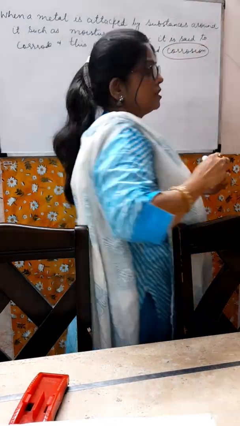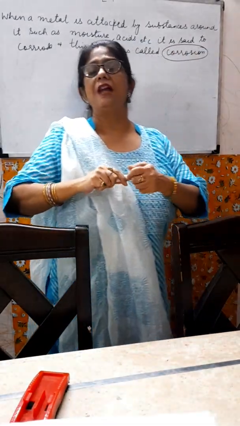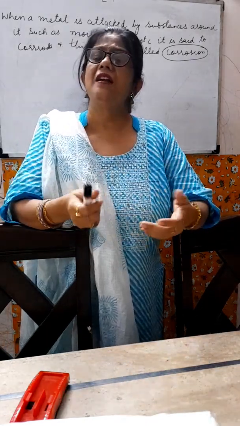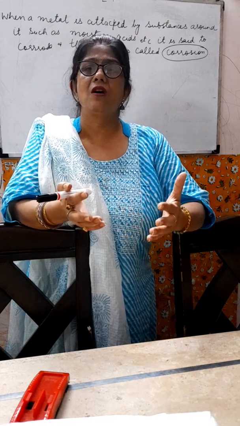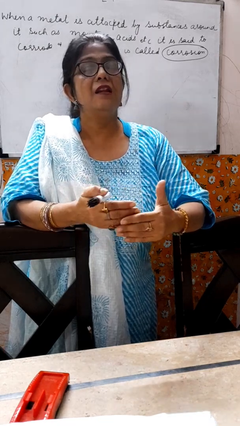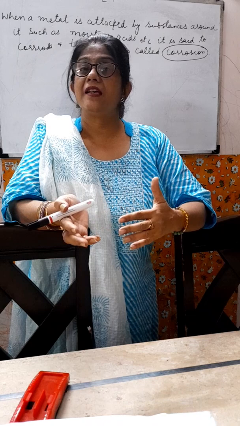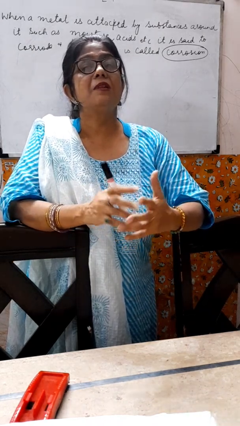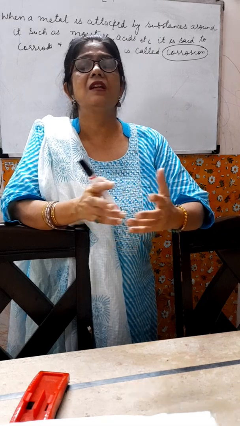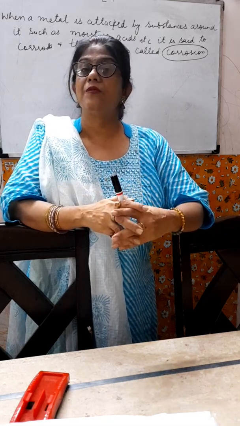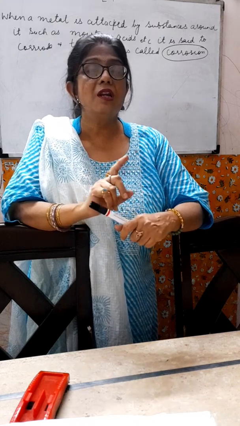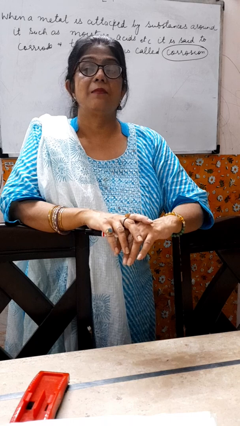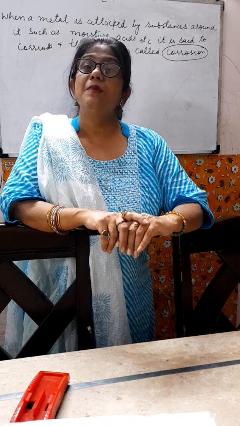Now what is corrosion? First, bring to mind any iron article present in your house, like a nail, hammer, iron desk, table, chair, or even a knife. If it is kept in moisture, after some time you will find a brown colored coating deposited over it.